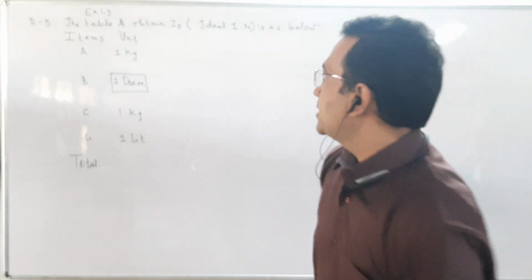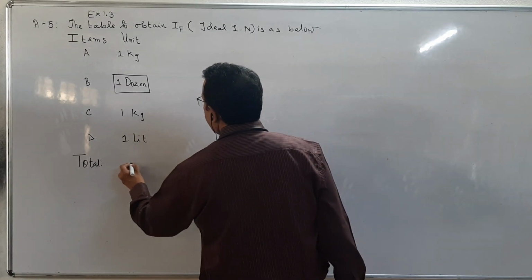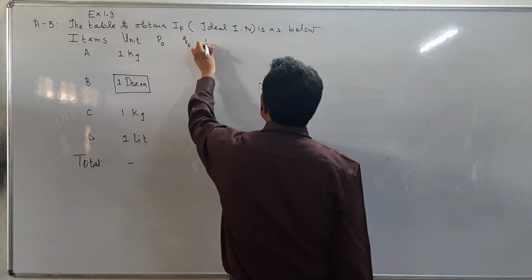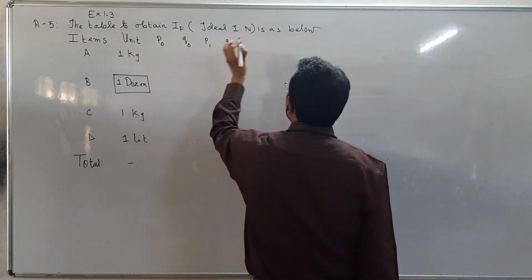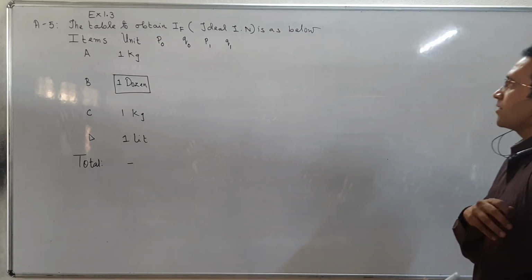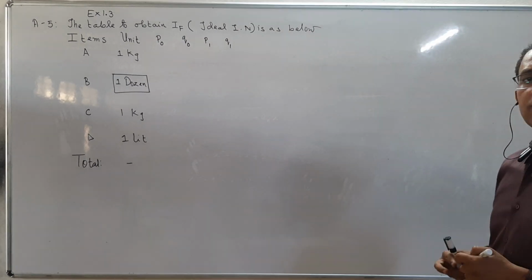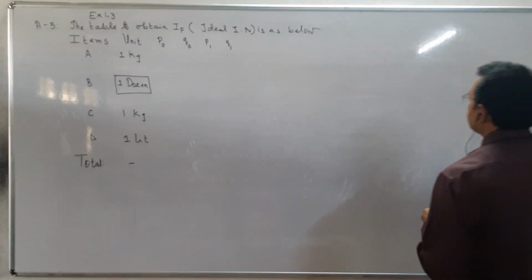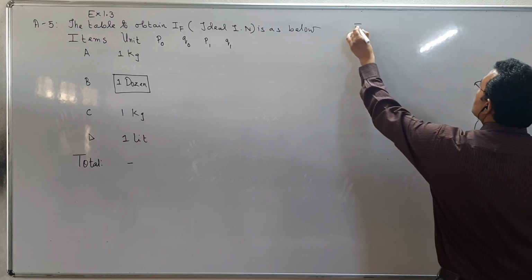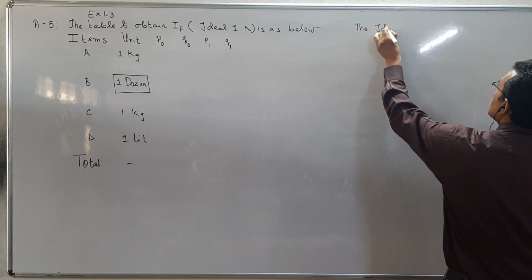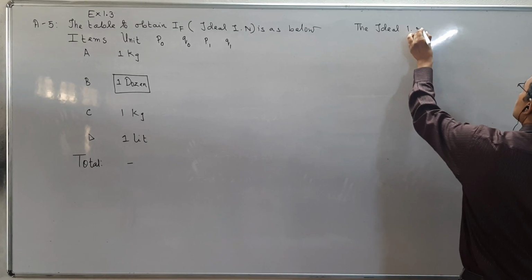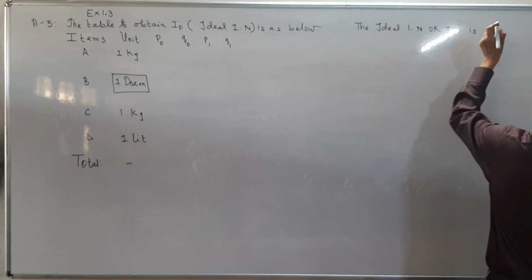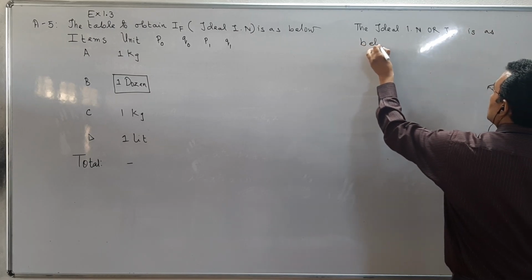Now, the next columns are P0, Q0, P1, Q1. Now students, here we don't have to find Laspeyres' and Paasche's index numbers. So directly write the ideal index number or Fisher's index number as below.